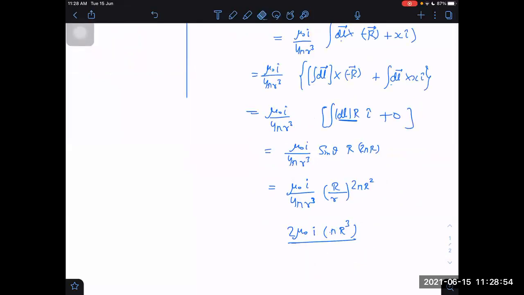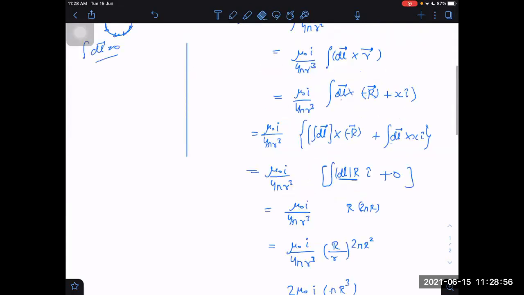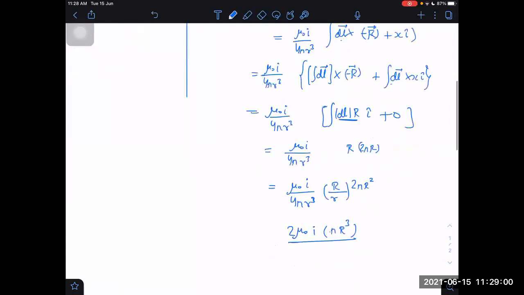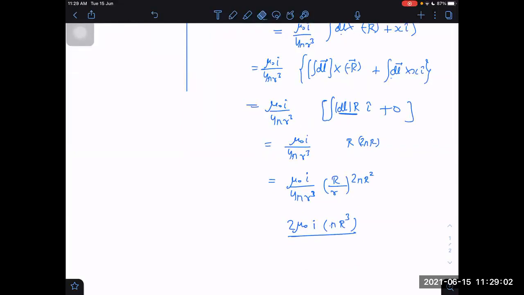Sine theta has to be taken only if we are taking components. But we are taking the net vector itself, so there is no need for sine theta now. What we are getting is just mu naught I R square by 2 R cube I cap, which is mu naught I into R square by 2 into 2 pi R square upon 4 pi R cube.